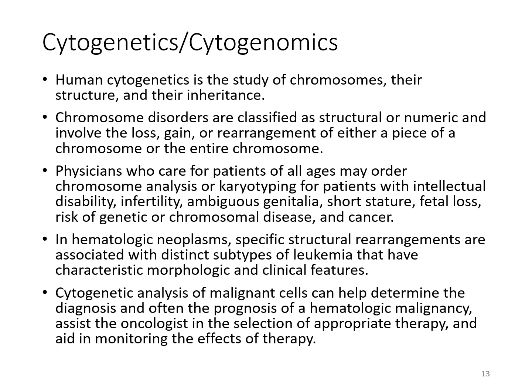Cytogenetic analysis of malignant cells can help us determine the exact diagnosis, and it can often give us some of the prognosis of that malignancy, and it allows the oncologist to determine the appropriate therapy and treatment options, and monitor how effective they are.